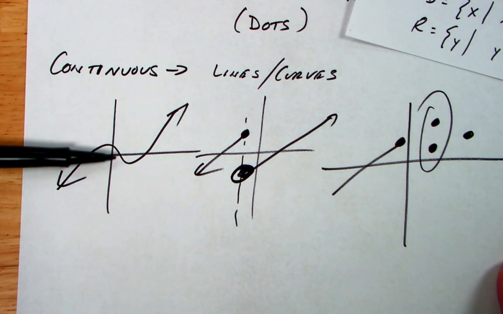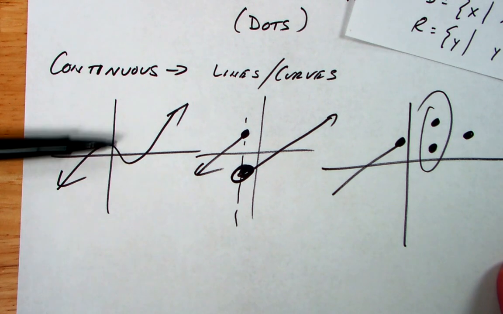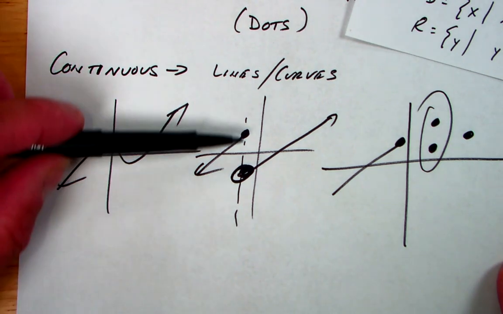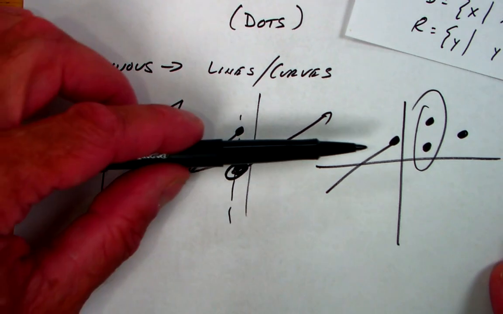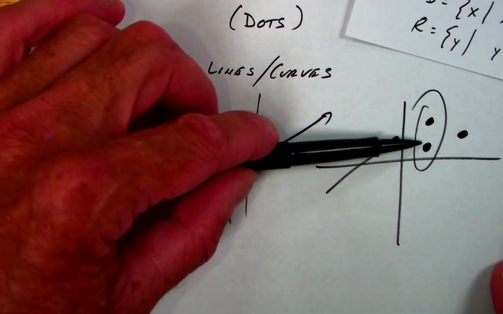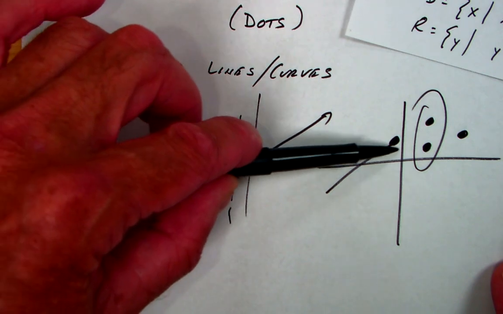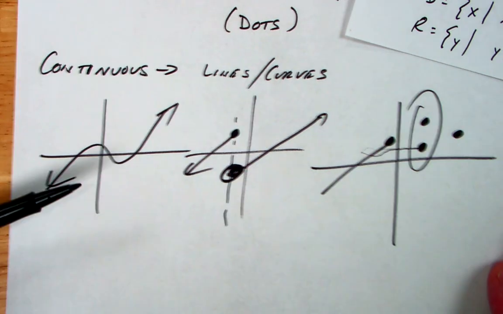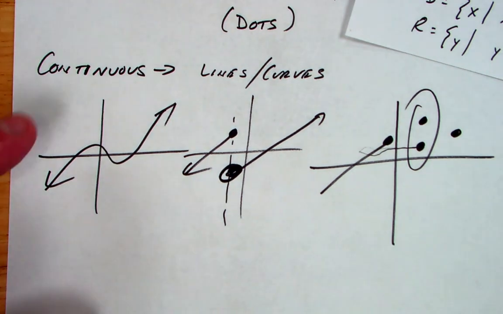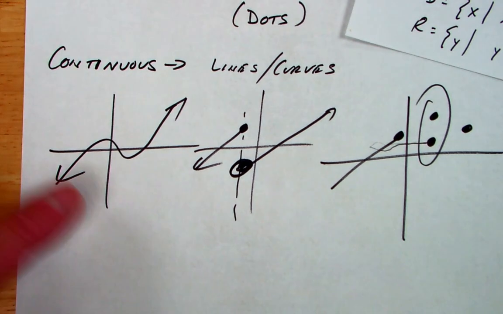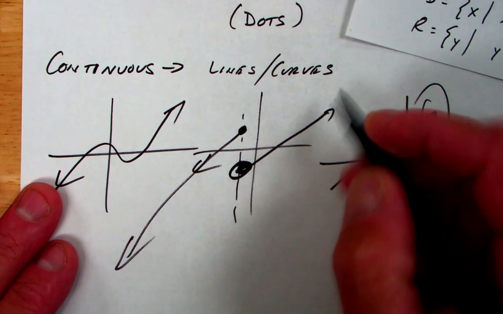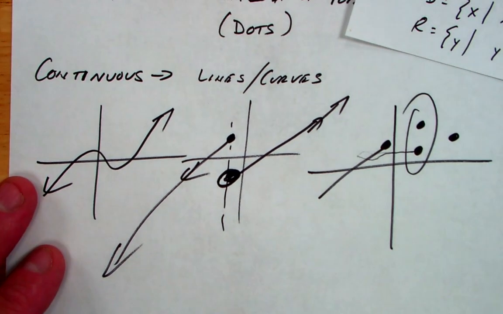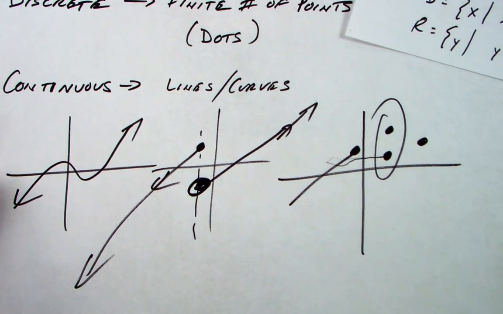Each result, ooh, that happens several times. What about this one? Is this 1 to 1? No, because this result happens a couple times. Is this 1 to 1? No, because that result happens a couple different times. Onto? Yes, because all the results, positive or negative, they happen. Is this one onto? Yes. Is this one onto? No.